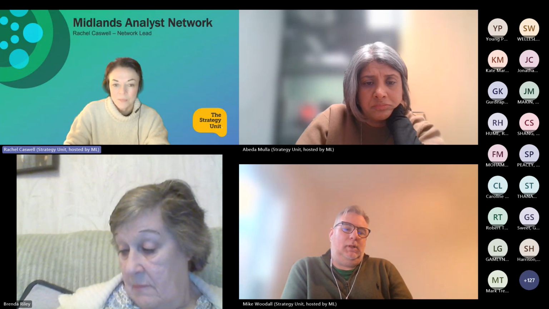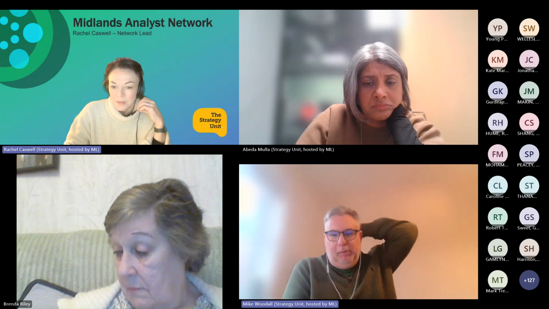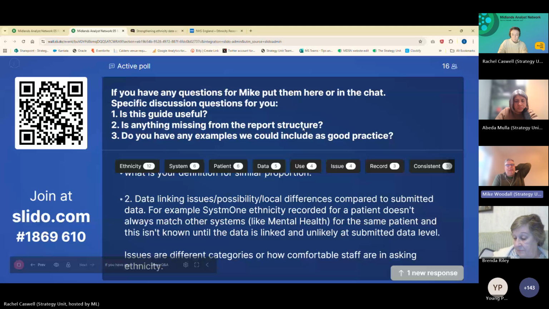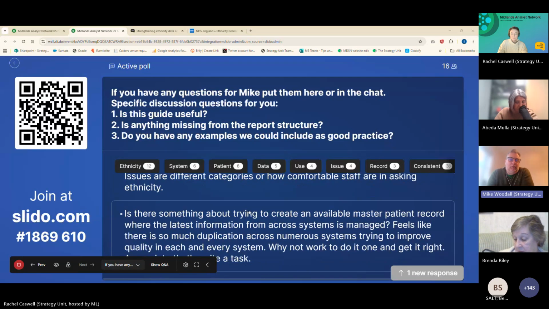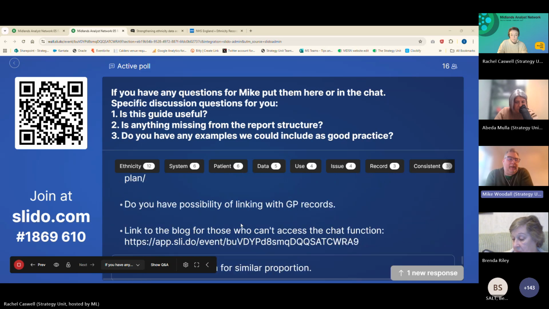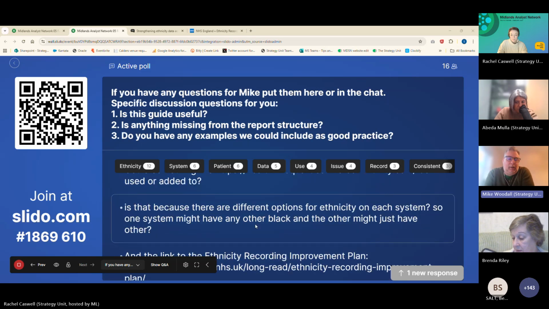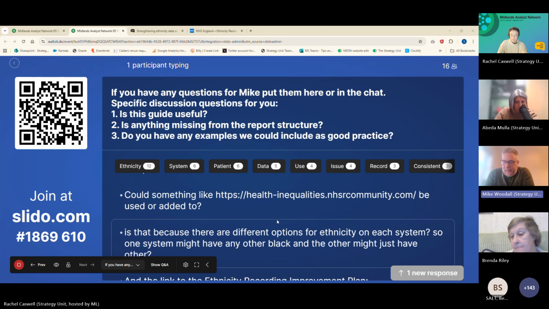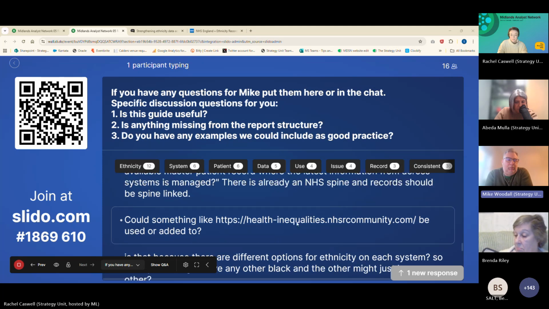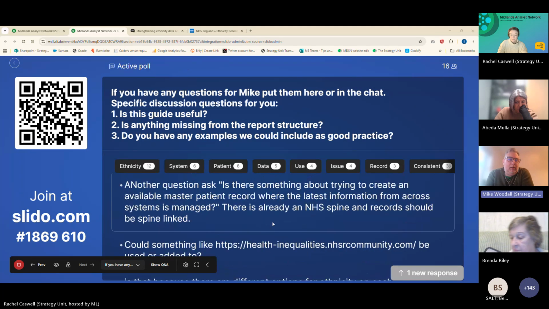There are ones which are similar as well. I would say that the primary care system is the ideal place, not necessarily due to current data quality, because we don't really know what that's like across the country, but it's the most extensive system in terms of ethnicity.